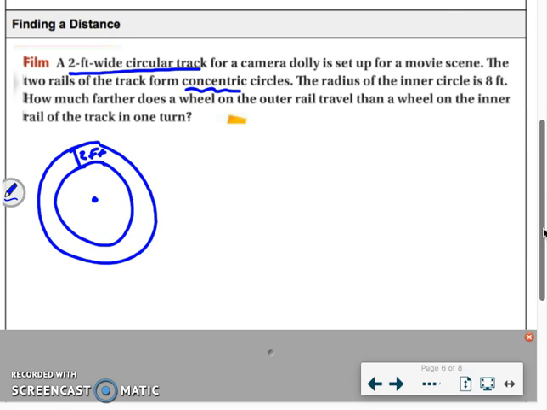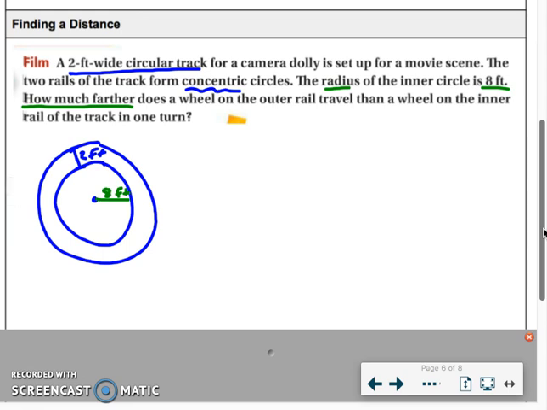The radius of the inner circle is 8. So that means that this distance here is 8, and we're talking about feet. How much further does a wheel on the outer rail travel than a wheel on the inner rail? So it's a how much further. What that means is we need to figure out the circumference of the big circle and take it away from the circumference of the small circle.